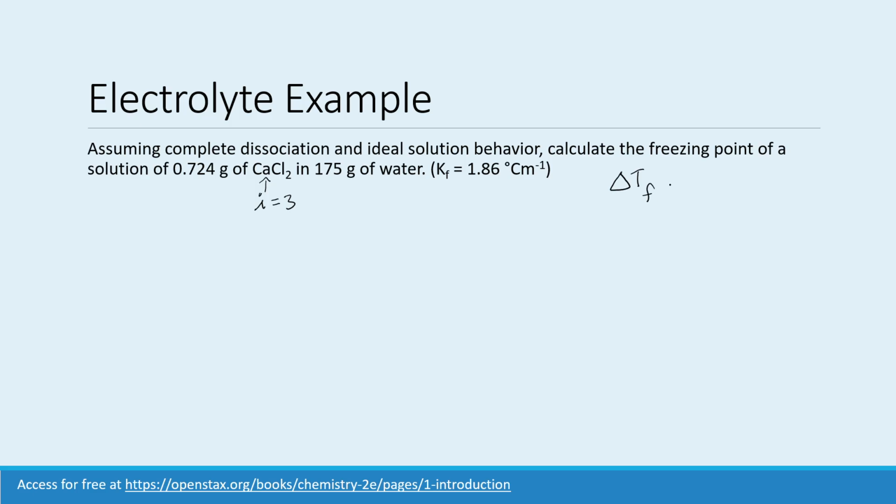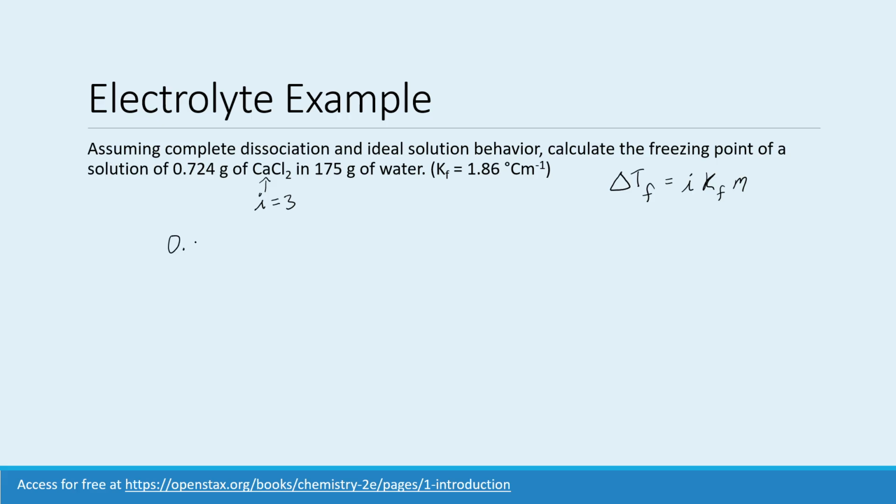Okay, so we know that our i value is equal to 3, and the change in temperature of our freezing point will be equal to that i value times our freezing point constant times the molality of the solution before ionization.